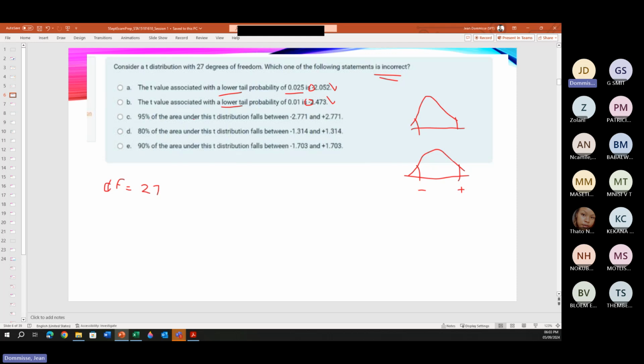95% of the area under this t distribution should fall between, and then 80 and then 90.